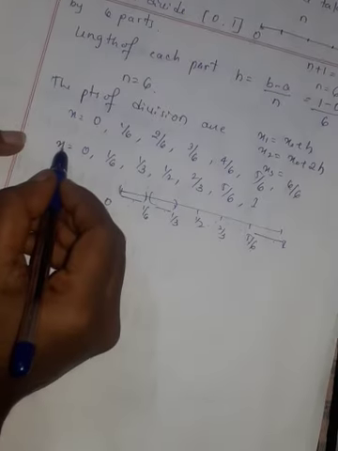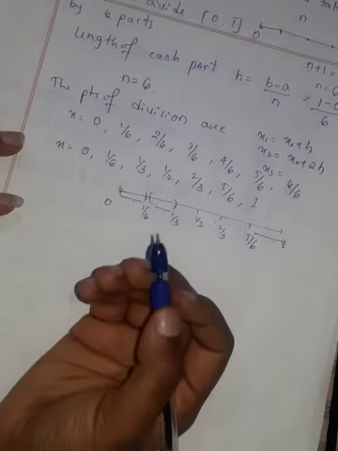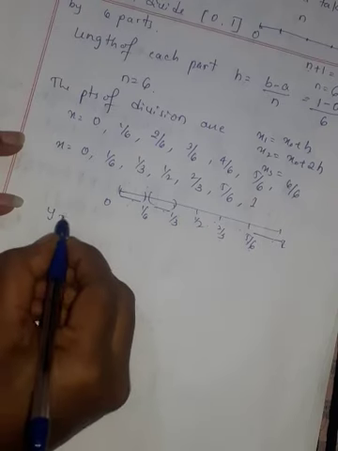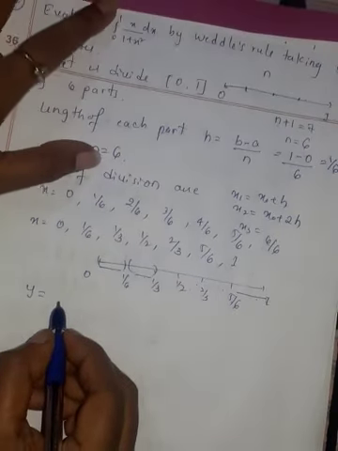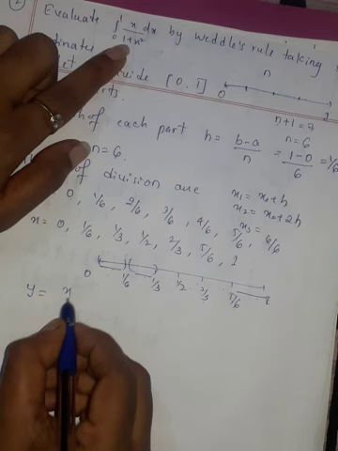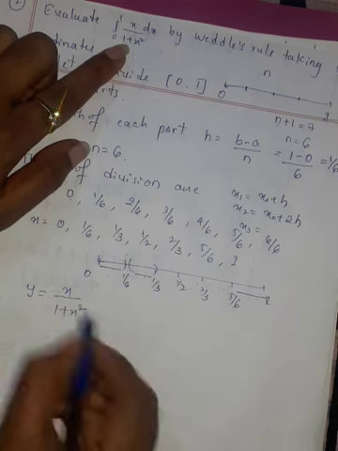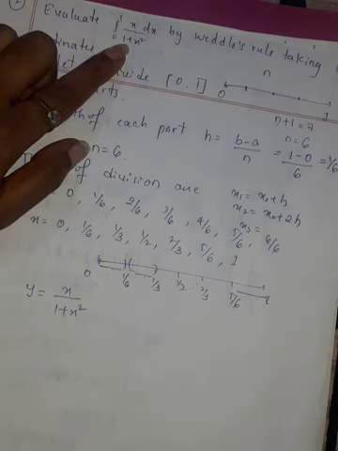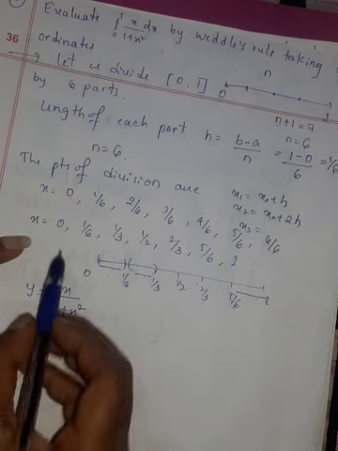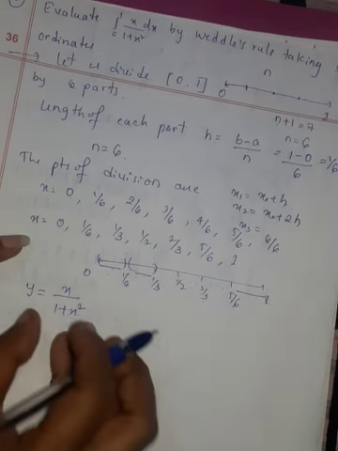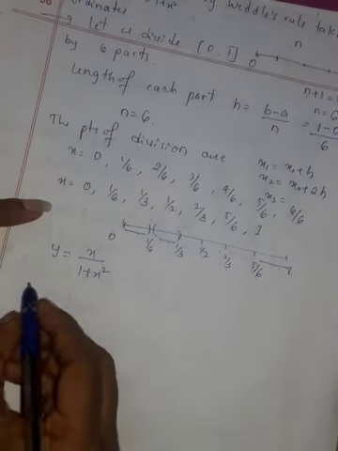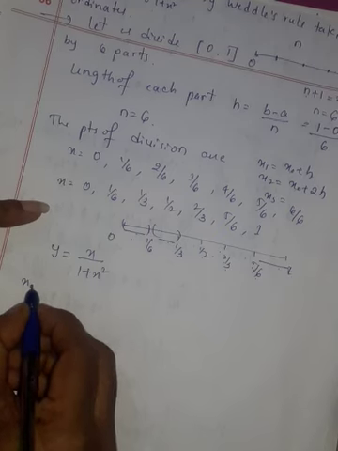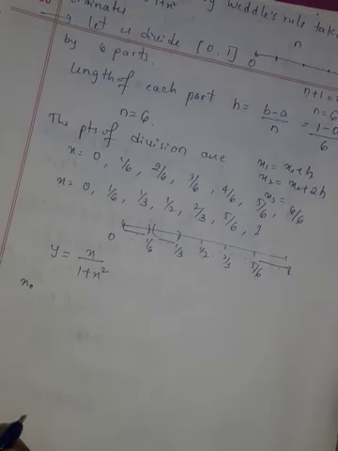So, for the values of x, let us find the corresponding value of y. What is our y here? By the data, y is nothing but x divided by 1 plus x square. This is our y. Now, for values of x, corresponding values of y can be found in a tabular column also.